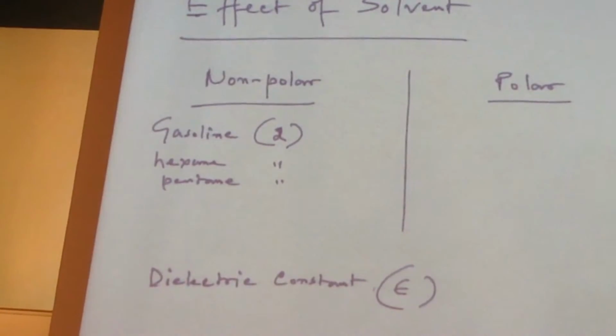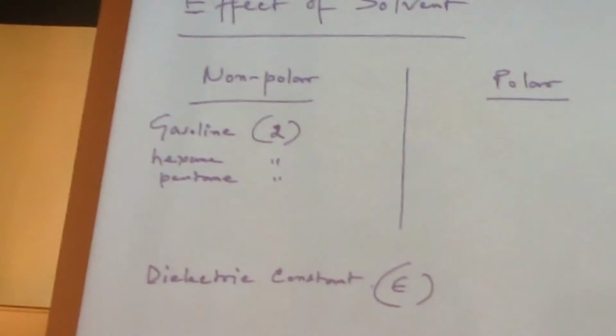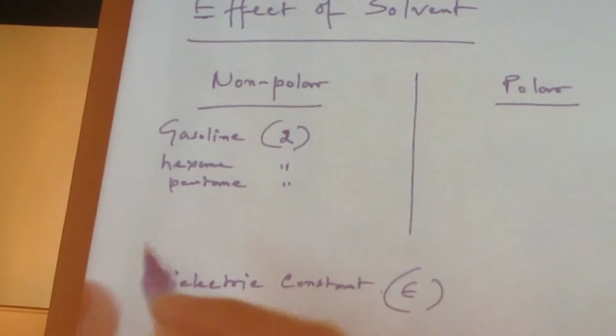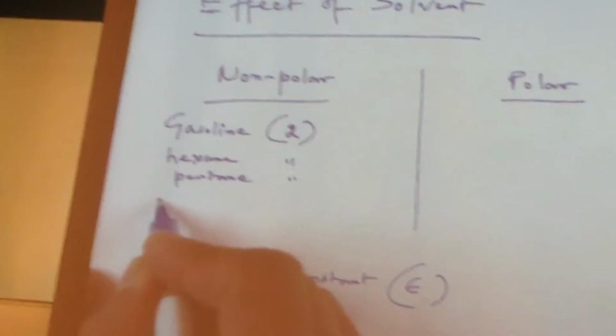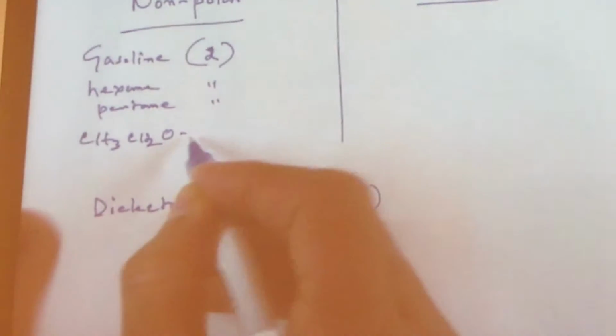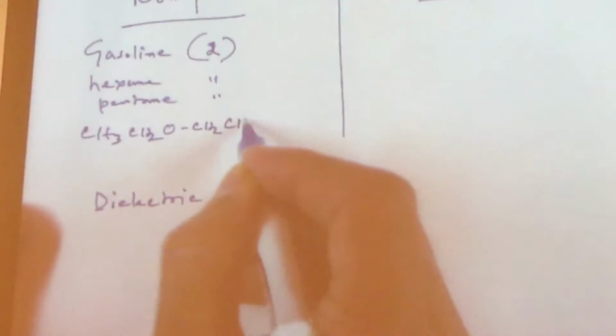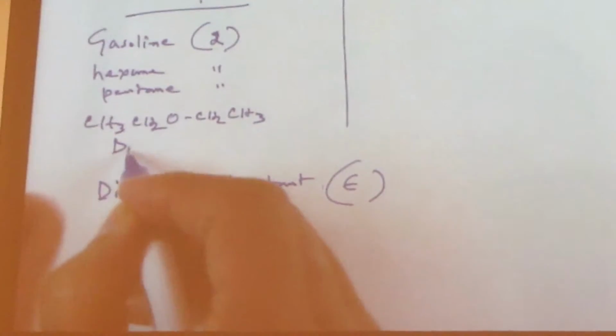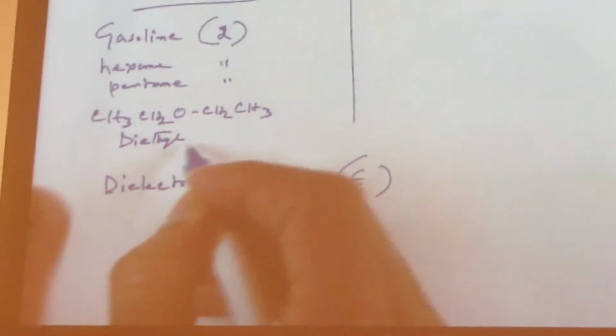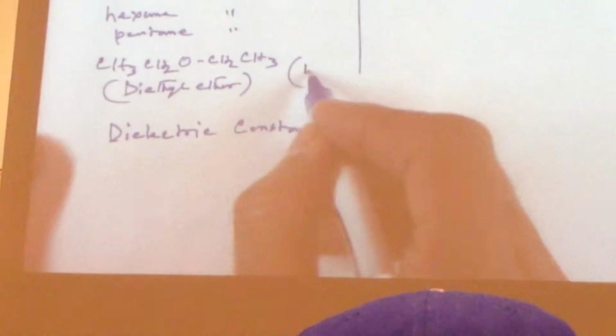If it is slightly polar, but yet still non-polar, that includes diethyl ether. Diethyl ether has a value of about 4.